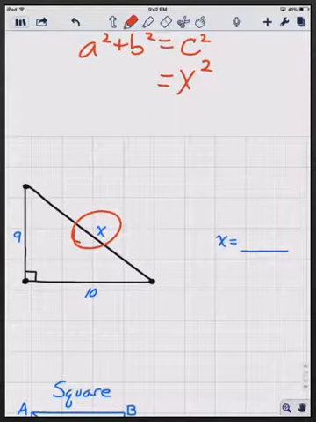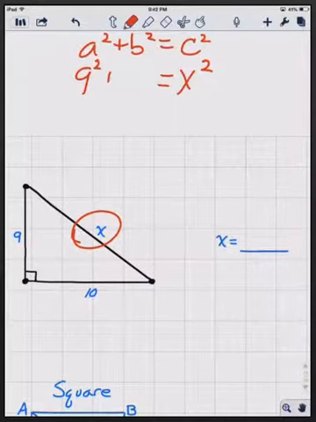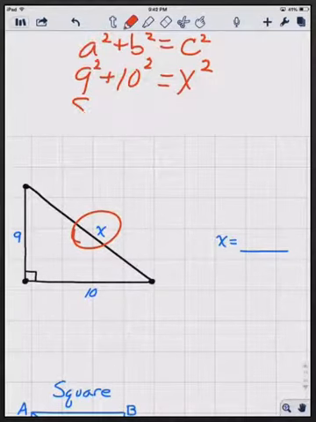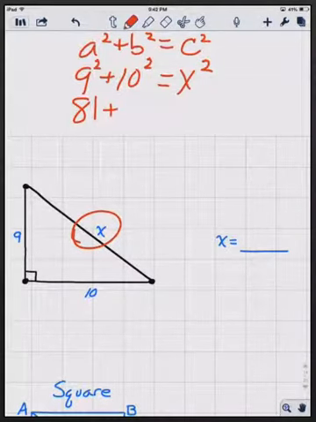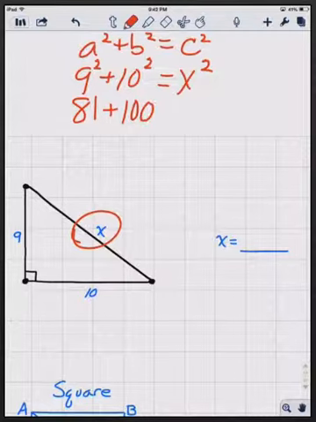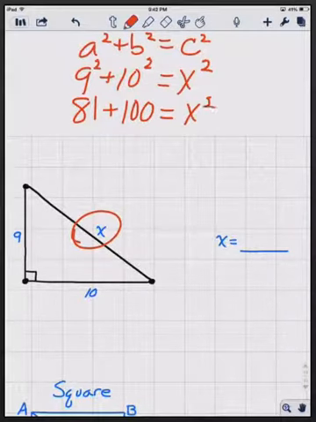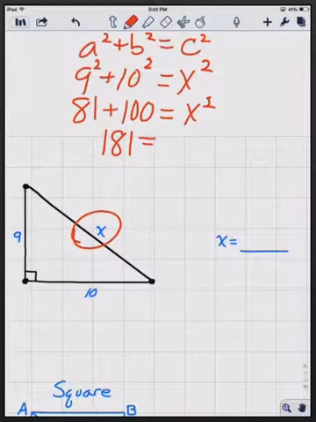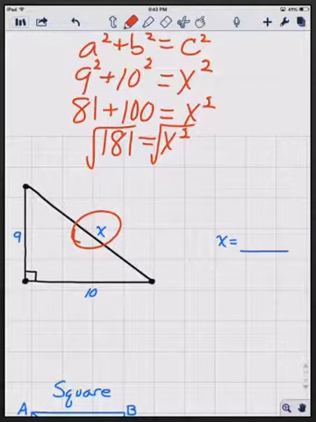So therefore, we have 9 squared plus 10 squared equals x squared. So we have 81, 9 times 9, plus 10 times 10 is 100. So 81 plus 100 is equal to 181. That equals x squared. So we take the square root of each side.